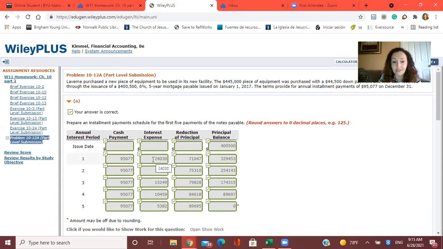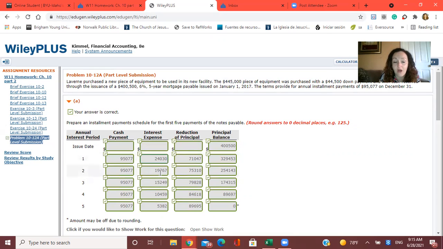And the interest on the $400,500 for the first year, we pay 2,430. And the principal reduction was $75,047. And the first year, our principal was reduced to $329,453. So that was the first year.